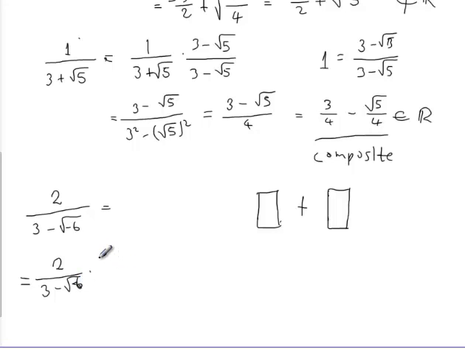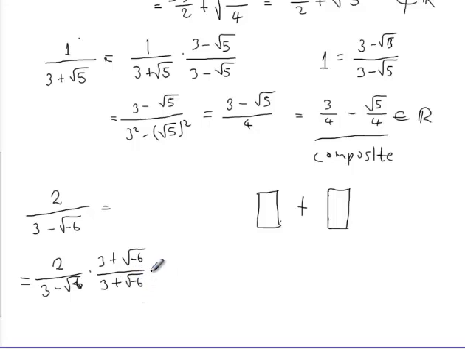Now multiplying by the conjugate, it will be 3 plus square root of minus 6 over 3 plus square root of minus 6.